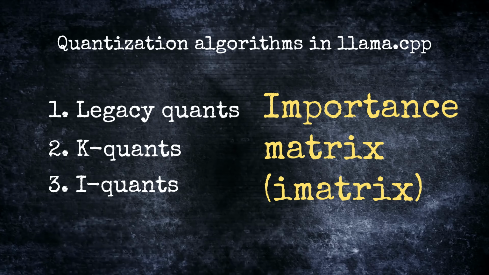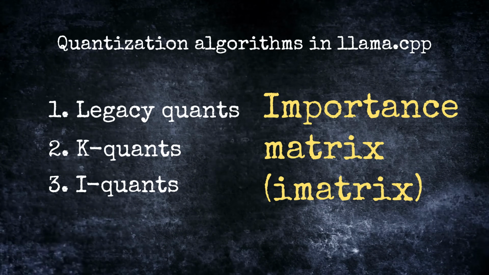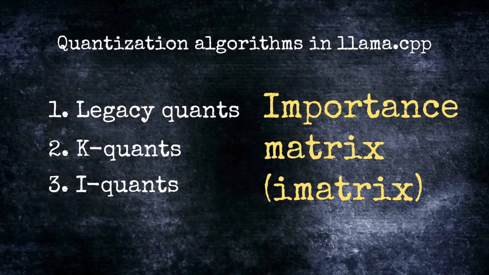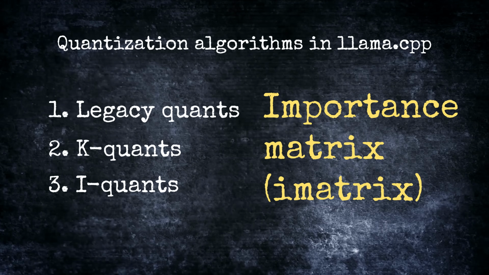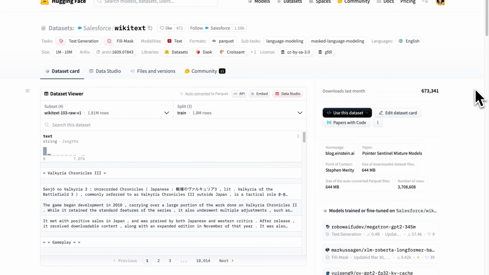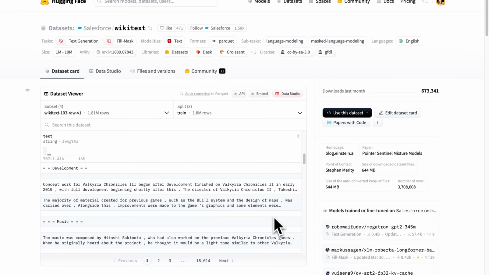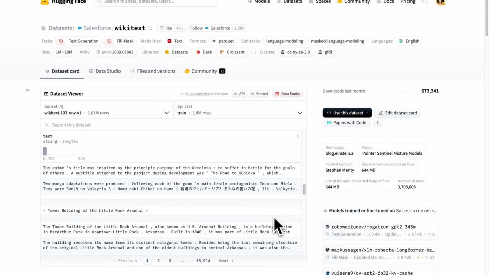The core idea is that not all model weights are equally important. A weight is considered important if small changes to it cause large changes in the model's output, so it deserves more precise quantization. To estimate importance, we observe model behavior on a calibration dataset, typically a few hundred examples from Wikitext, a small Wikipedia subset.